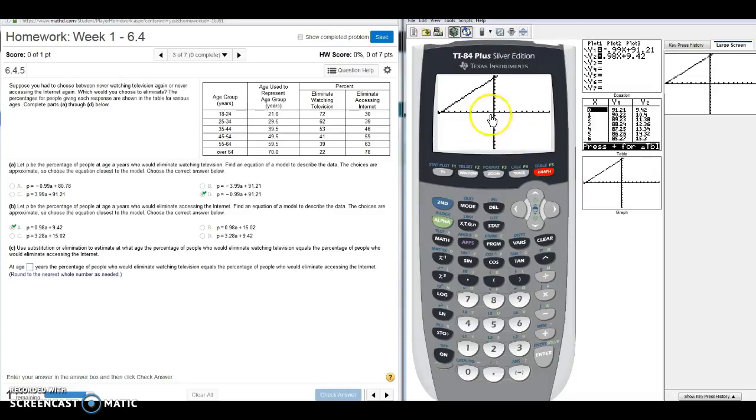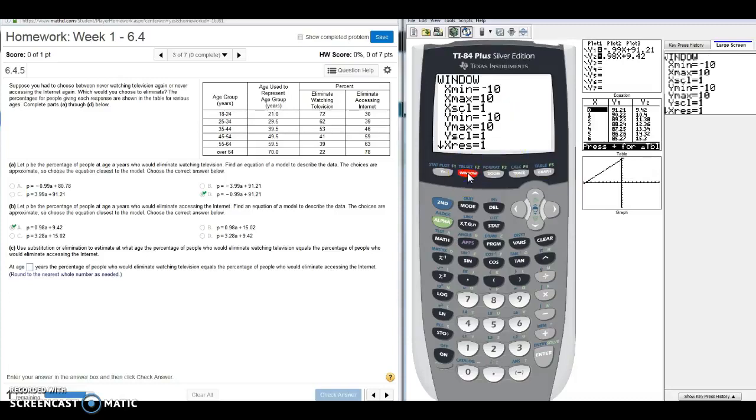Looks like my window is not set very well, so let's go to my window. My y-intercept here is 90. So I see that my x values run from 20 to 70. So let's make our x-min 20 and our x-max 75. And I see my y values run from 22 to 72 here, 30 to 78 here, but my y-intercept for this one was 91.21.